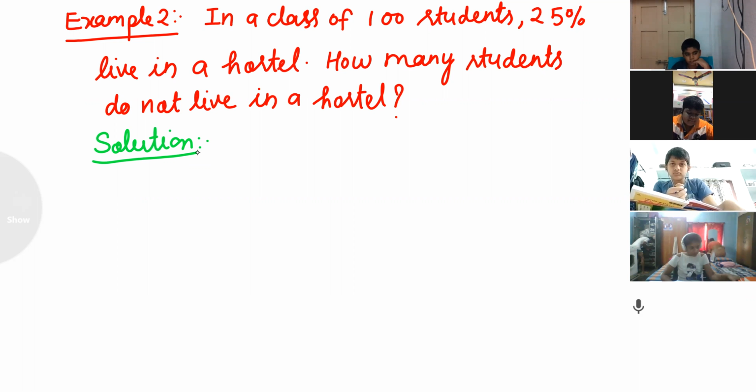In a class of 100 students, 25% live in a hostel. How many students do not live in a hostel? Now in the class, how many students are there in total? There are 100 students. Note down.